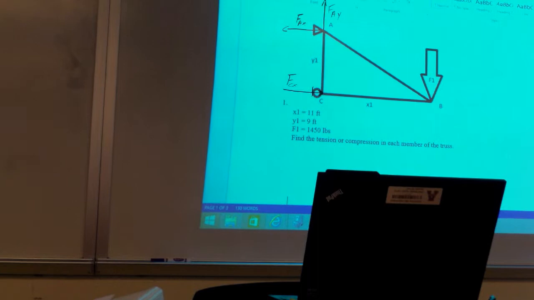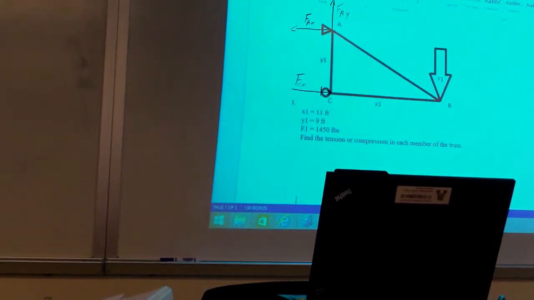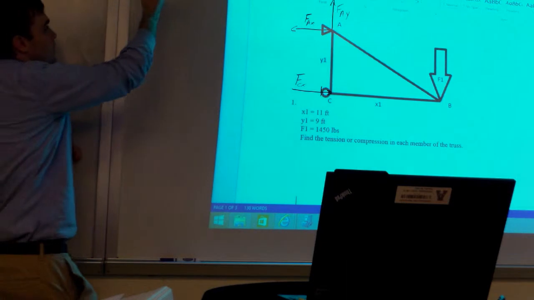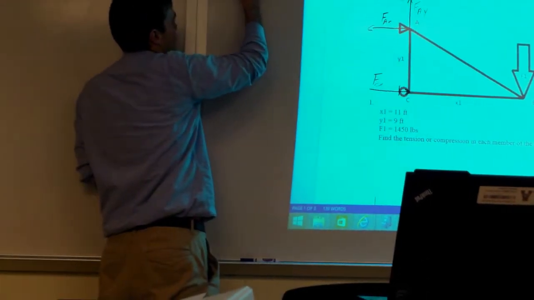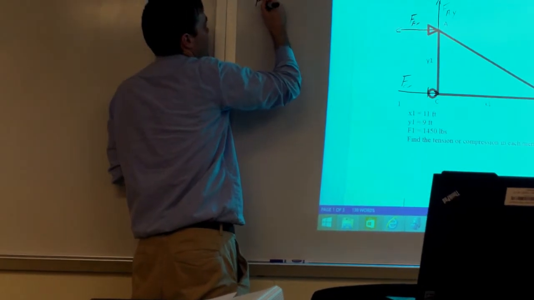Alright, anybody remember the next step in finding the forces here? Force up equals force down, but we can't do that quite yet. The conditions for equilibrium are that our moments or torques clockwise have to equal the torques counterclockwise.